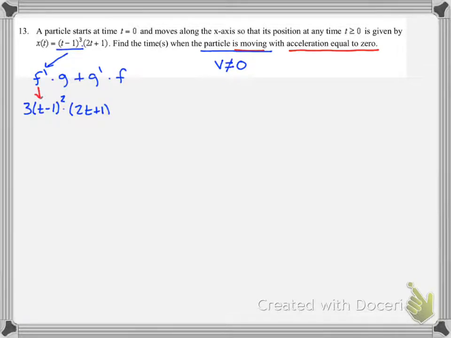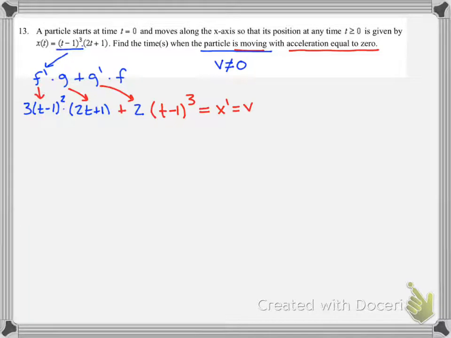So here's my f prime, here's my g, plus my g prime will just be 2, because the derivative of 2t plus 1 is 2, times (t minus 1) to the power of 3. This is equal to x prime, which is really velocity.